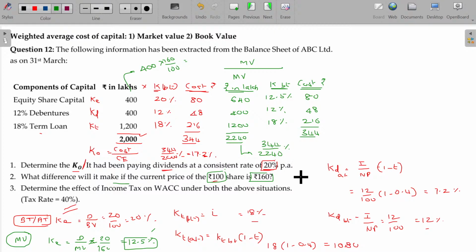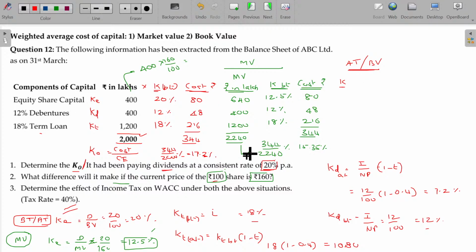Now, as per the book value approach, the cost of overall capital for the company in this case being 15.35, book value before tax approach. Sir, what happens in case of after tax approach? After tax approach and based on book value. First, calculate the cost.